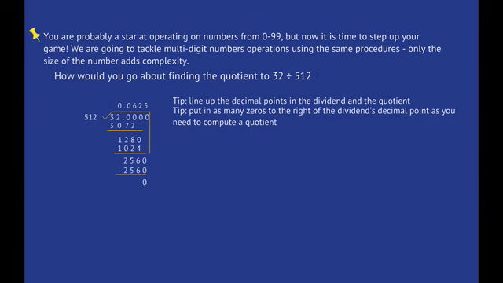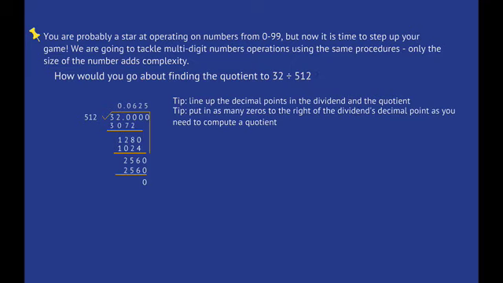You are probably a star at operating on numbers from 0 to 99, but now it's time to step up your game. We're going to tackle multi-digit number operations using the same procedures, only the size of the number adds complexity. How would you go about finding the quotient of 32 divided by 512?